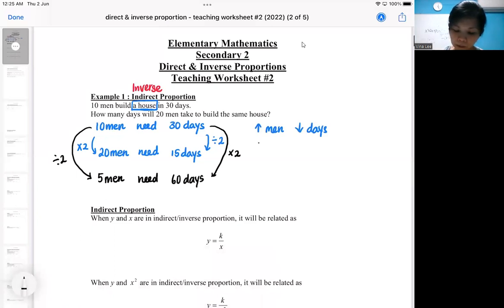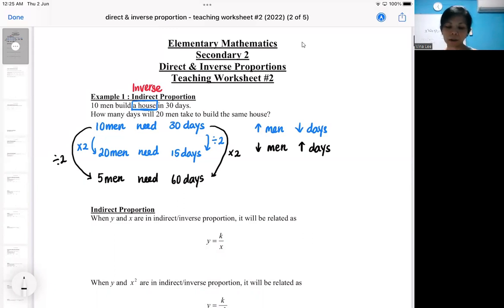So if my number of men decreases, I will take more days. So the men and the days are in inverse proportion. It's characterized by one increase and one decrease, or one decrease and one increase.